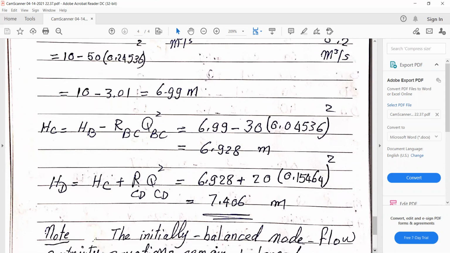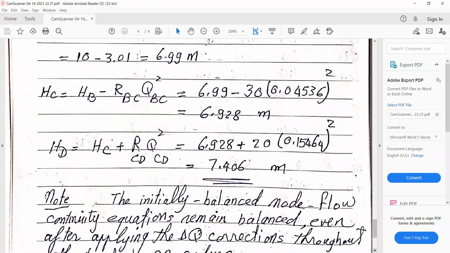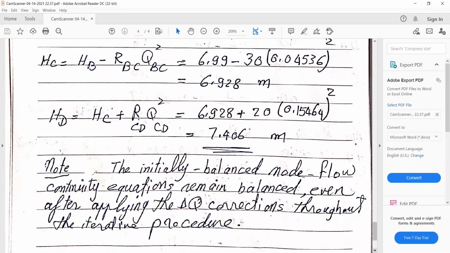And then, initially we have a balanced continuity equation for each node, and we end up also with a balanced continuity equation for each node.